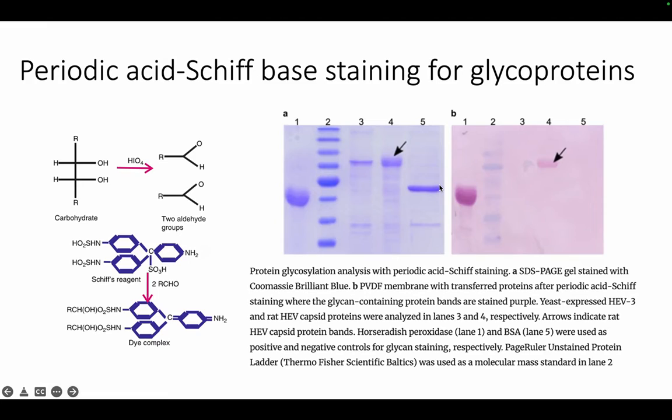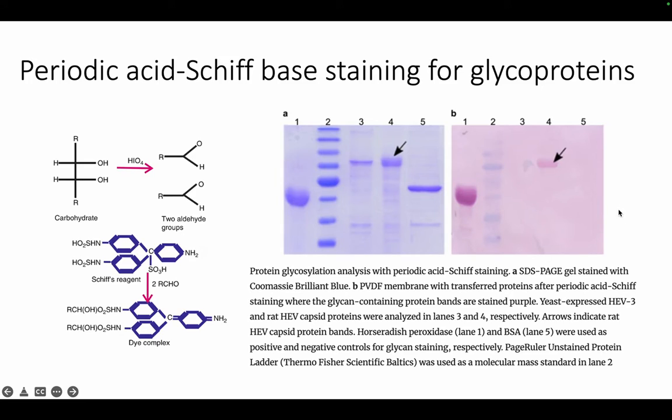Now what we're going to do is periodic acid Schiff-based staining. In that, if you have two OH groups next to each other, the periodic acid will convert them into two aldehyde groups, which is where the Schiff-based reagent will attach and form a dye. And this is what we see as a purple, violet, pinkish color in the gel.